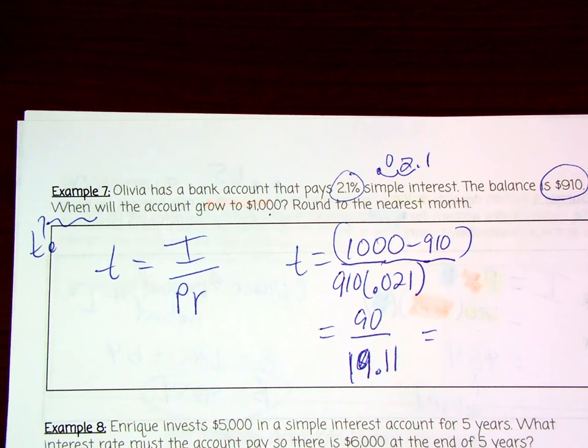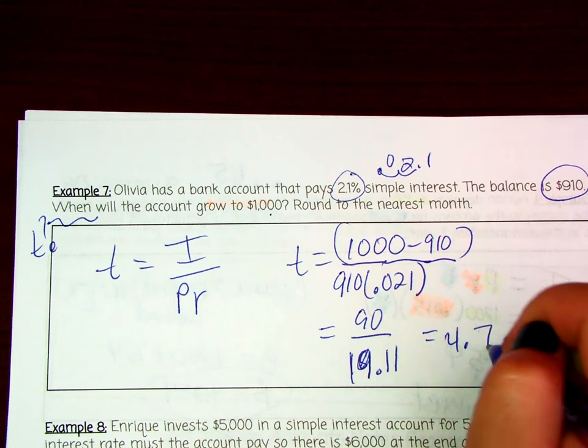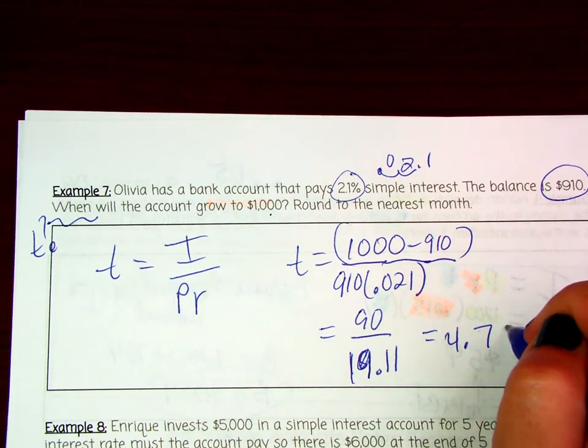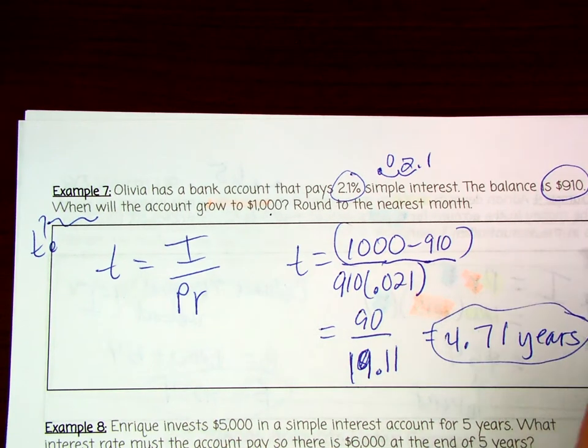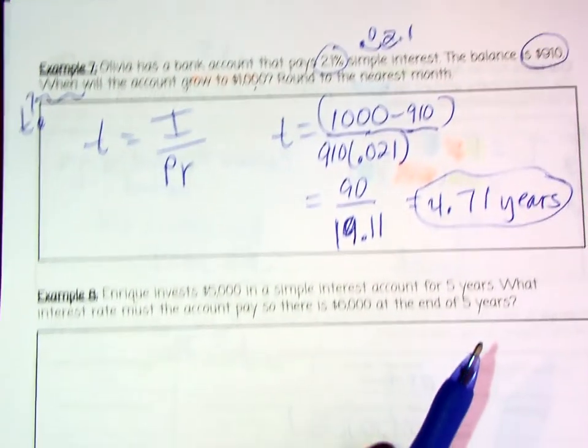And so that's 90 divided by 19.11. So 4.7 years is how long it would take for the account to grow to $1,000.